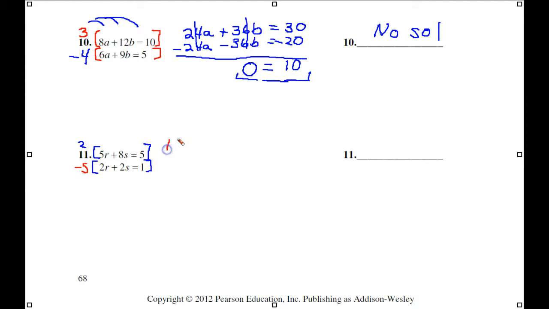So this is going to be a 10r plus 16s equals 10. And this now will become a negative 10r minus 10s equals a negative 5.